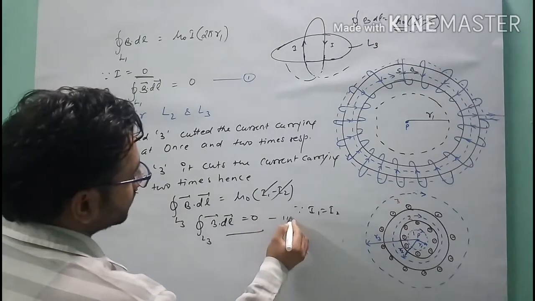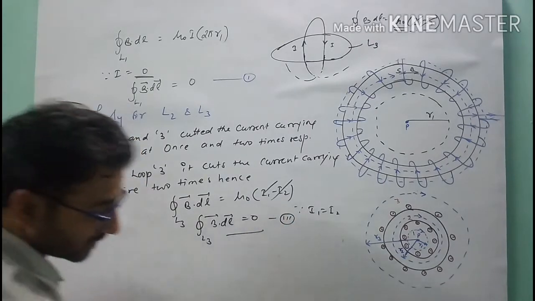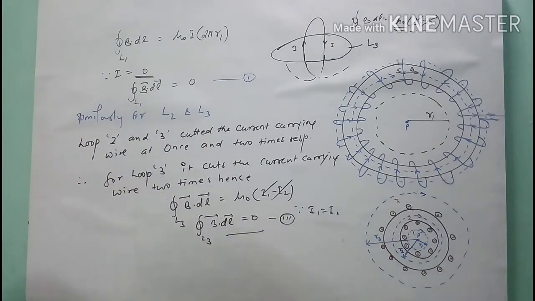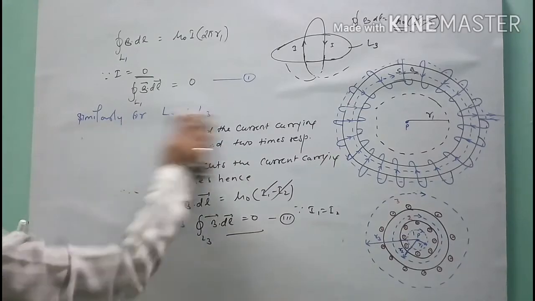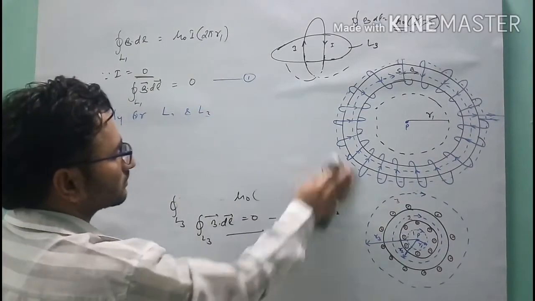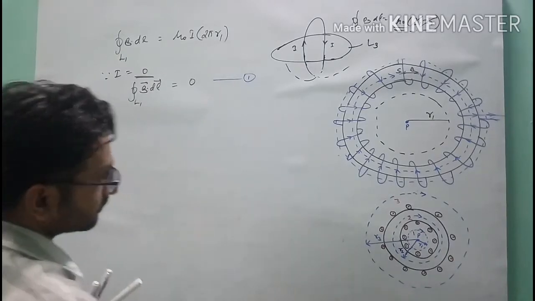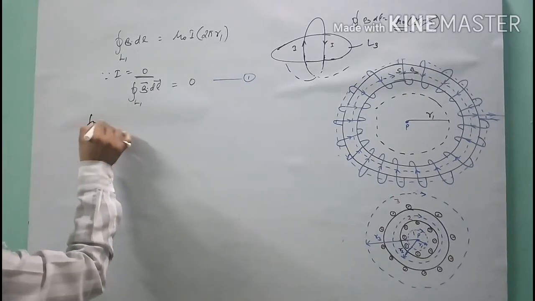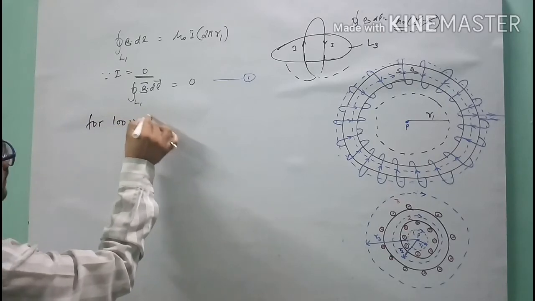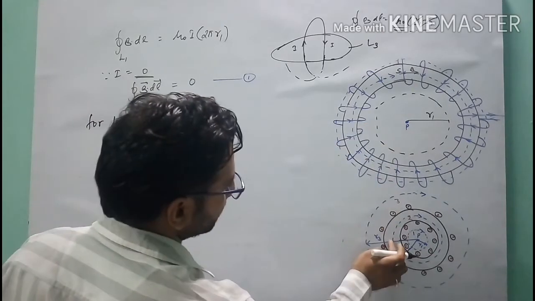Now after loop 3, we will talk about the last and final loop, loop second. Now student, for loop second you can see the diagram here and here also.